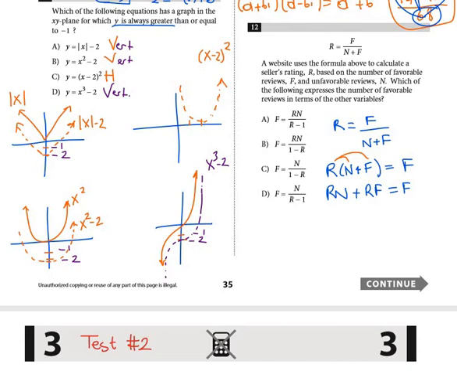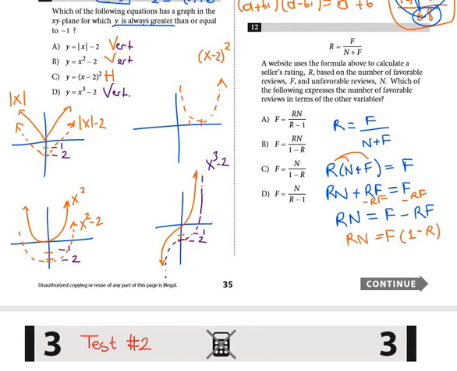We need to keep the F's on the same side because we need to isolate F. So Rn is equal to, let's make it, F minus Rf. We subtract Rf on both sides. Let me show that step as well. Now the F's are on the same side, so we can factor out F. From here we have 1, from here we have R. If you distribute, you get the expression above back, and we have Rn here.